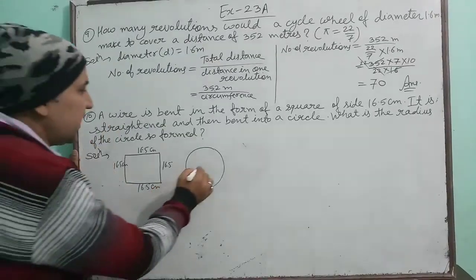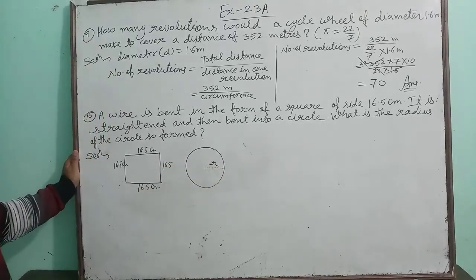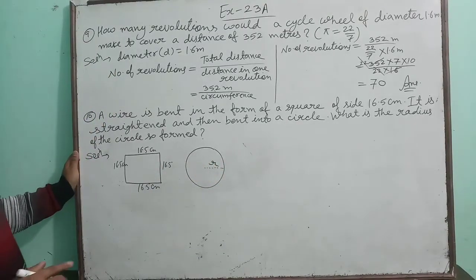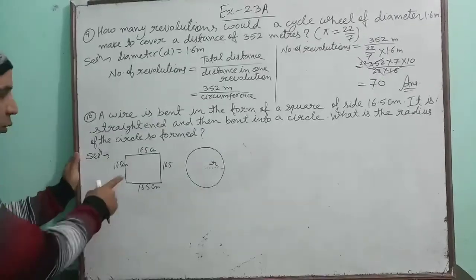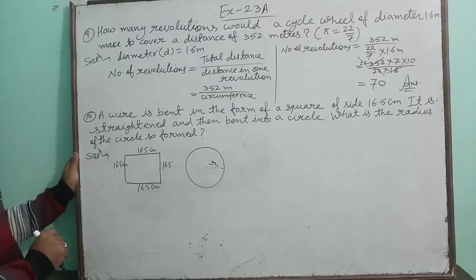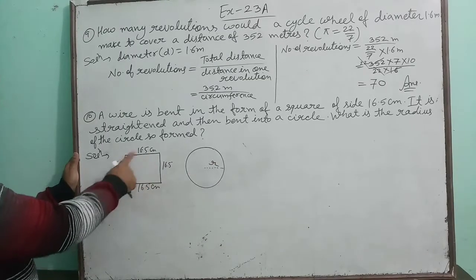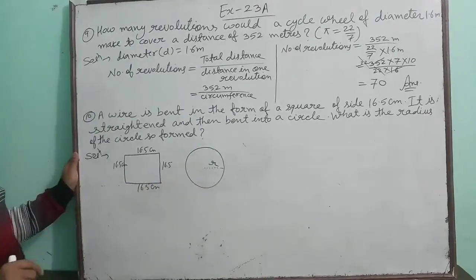Then what is the radius of the circle? We have to find the radius. Children, you can see that though the shapes are different, the length of the wire is the same in both cases.